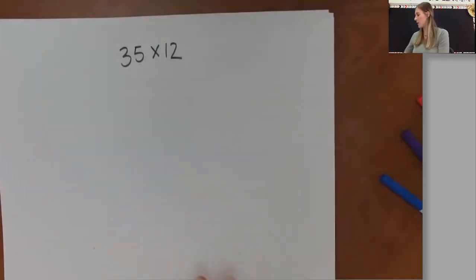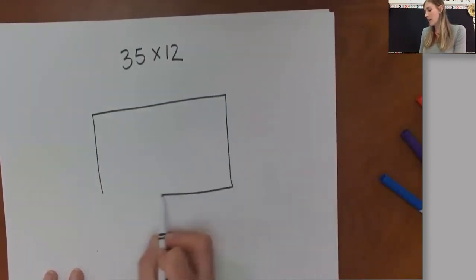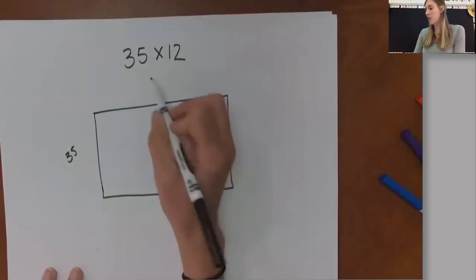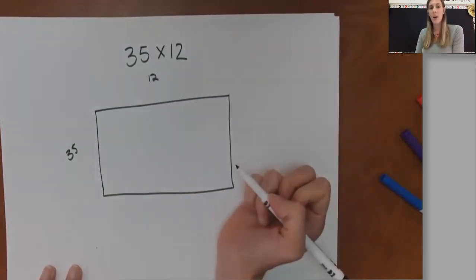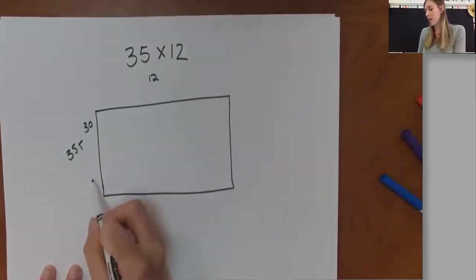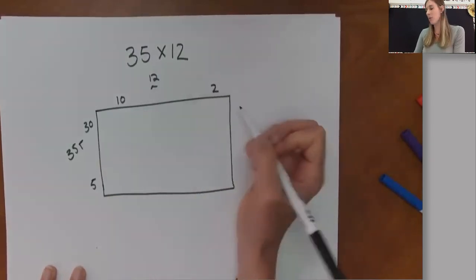Okay, let's check your work together. Depending on how you chose to break apart your factors, it might look like this. You made 35 one dimension and 12 the other. You broke apart your 35 into 30 and 5, and your 12 into 10 and 2.